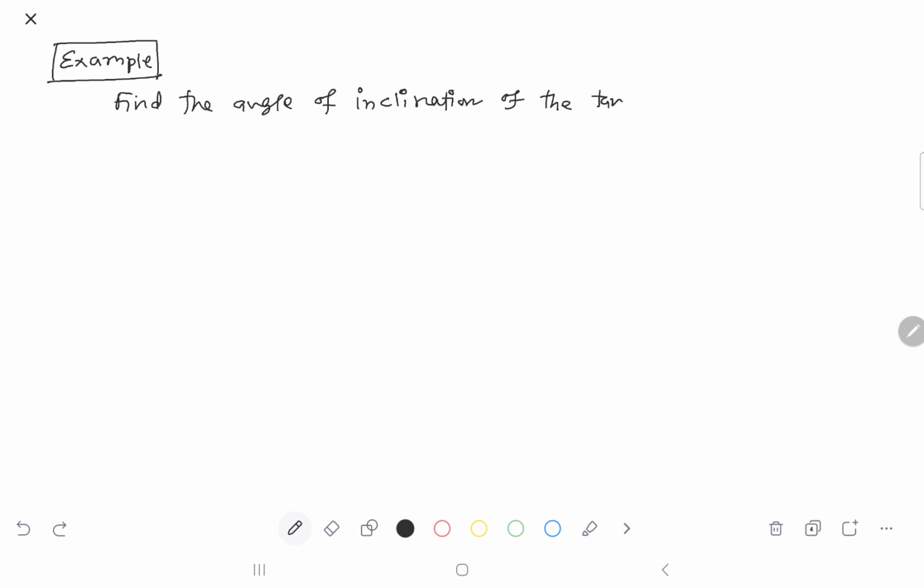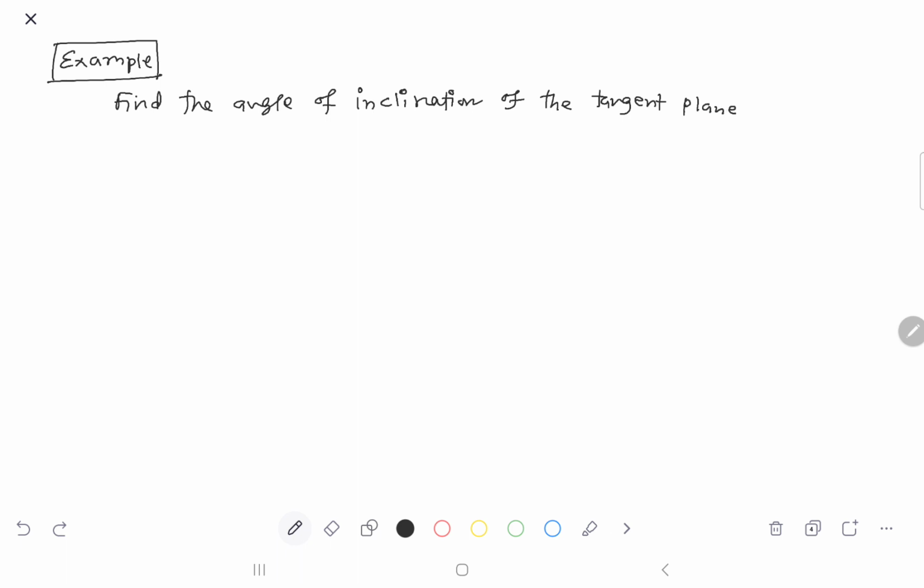Angle of inclination has many applications, especially when you are doing vector integration. Actually, I taught this multivariable course to your elder sister, and she did vector integration.